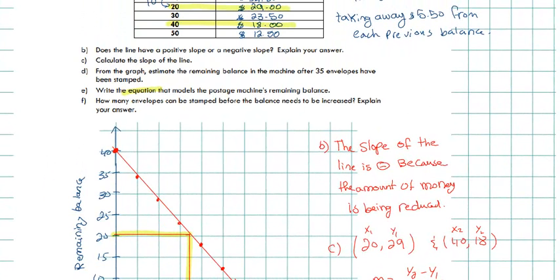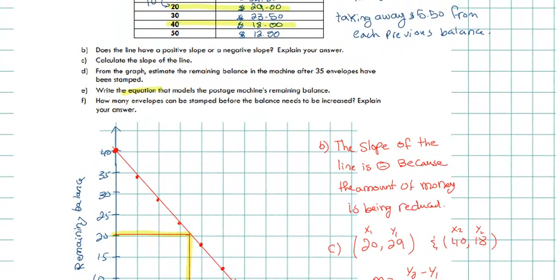I got 72. Okay, so that's one way to do it, where you keep subtracting until you can't, and then subtract 0.55. That's probably one of the hardest of all ways.